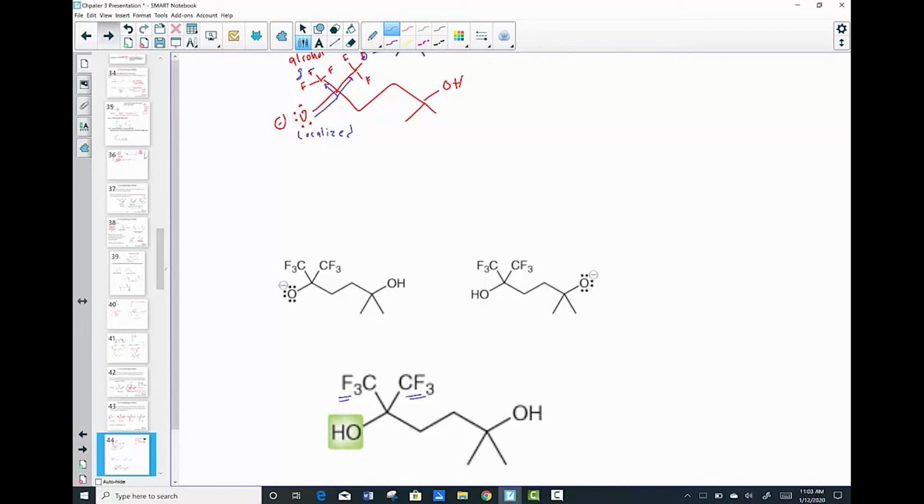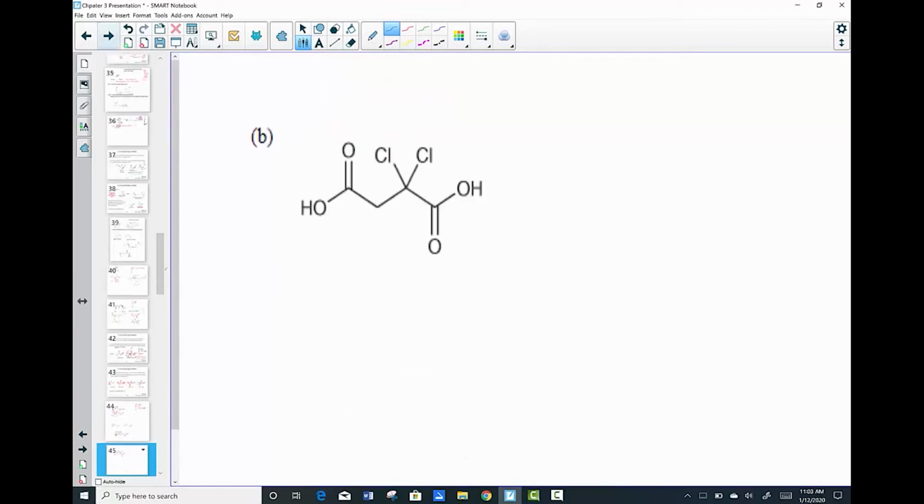How about this one? Find the most acidic proton. They're not color-coded, but I see only 2 protons that would be considered acidic protons here. And I realize that there are 2 hydrogens here. You know, those could be part of the game, but as soon as I go ARIO, there's 4 protons there that I can consider.